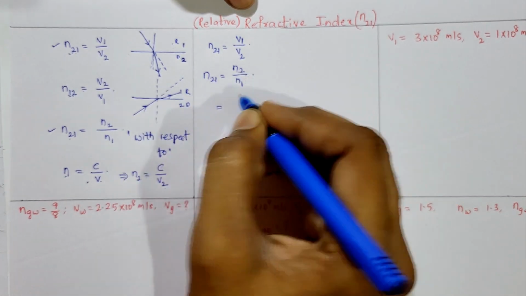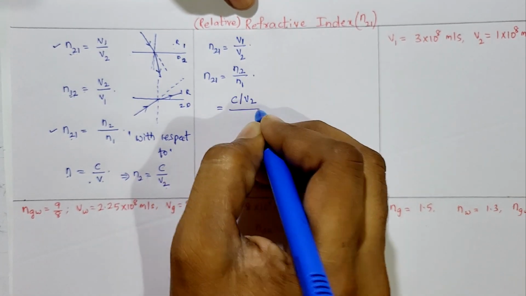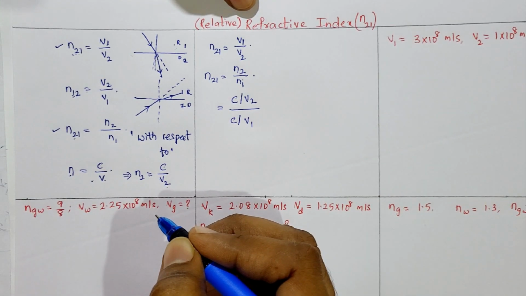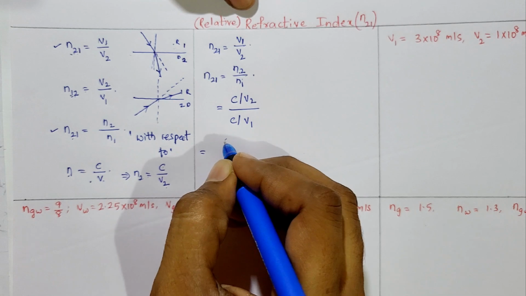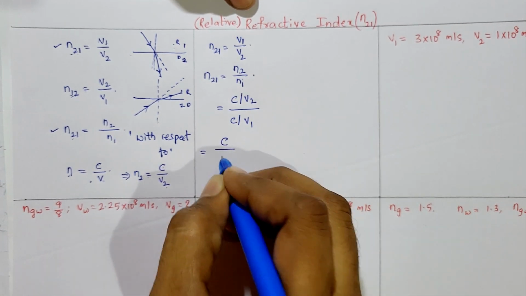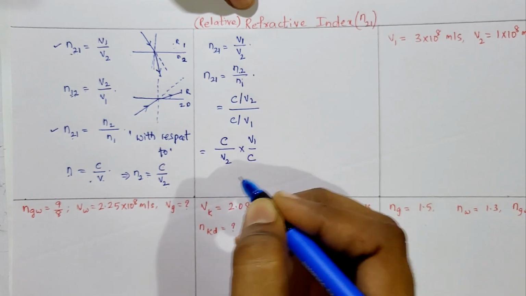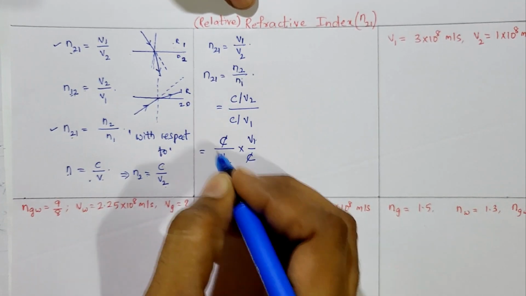So n2 by n1 is c by v2 divided by c by v1. Written as fractions, it is c by v2 into v1 by c. c gets cancelled. What is remaining? v1 by v2.